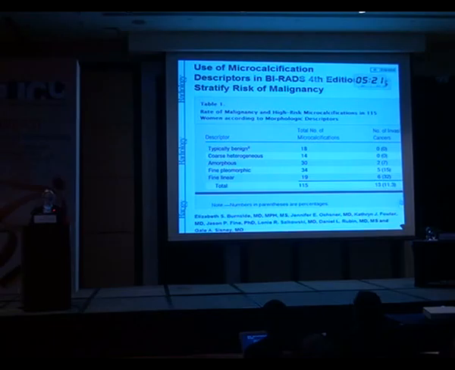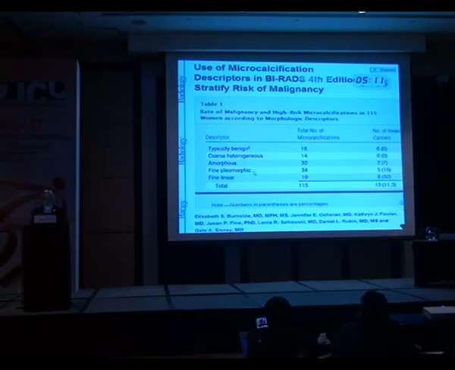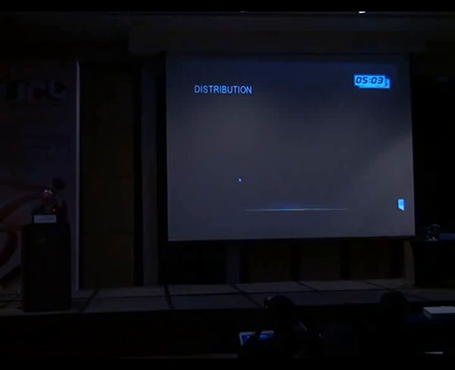In a study done to use the microcalcification descriptor for BI-RADS, they appreciated that fine pleomorphic microcalcification has the highest probability of being associated with cancer, followed by the amorphous microcalcification and then the fine linear microcalcification.